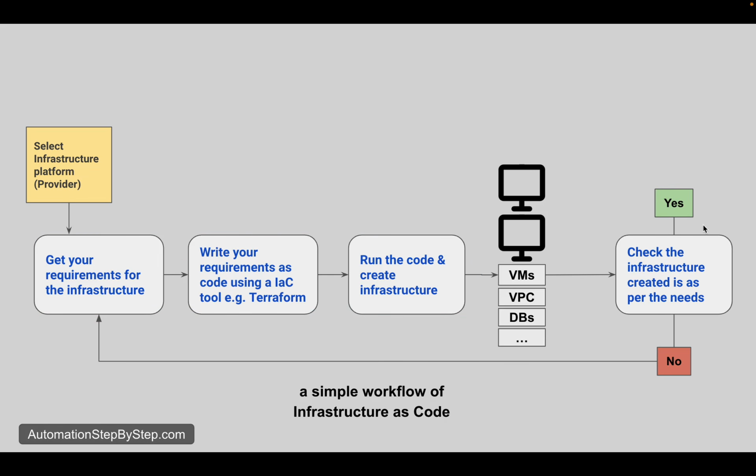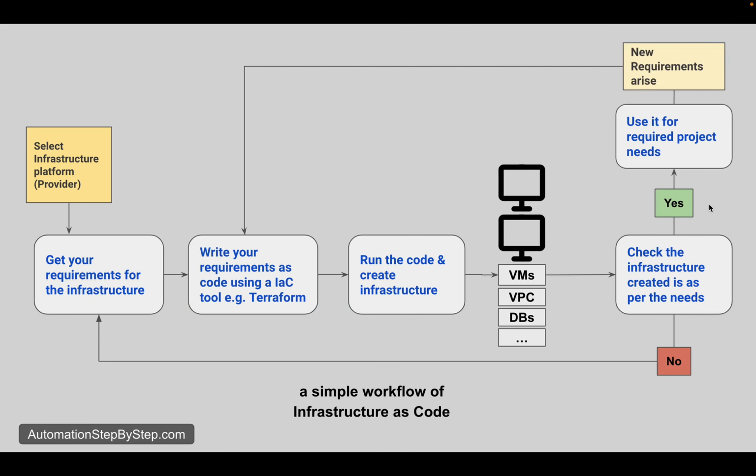If it satisfies our needs, then we will continue with our project and use it for our project. And then whenever new requirements arise, we will again go to the step of writing our requirements in the configuration file as code and do all these steps again. Okay, so this is a very simple workflow of IAC.